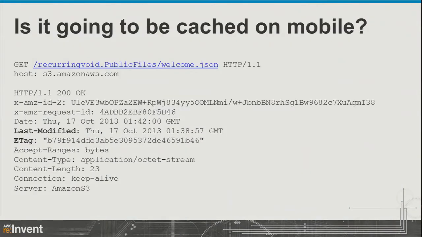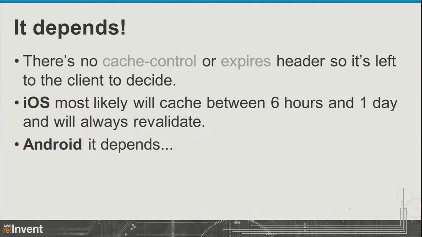So just a quick example of what I just went over using Amazon S3, and one small gotcha you may run into with S3. Any file on S3 will give you a last-modified and an ETag. You don't have to do anything, just upload your file on S3 and you'll get both. Now the question is, will it be cached? Well, it won't be cached by default on mobile devices because there's no cache control and no expires.